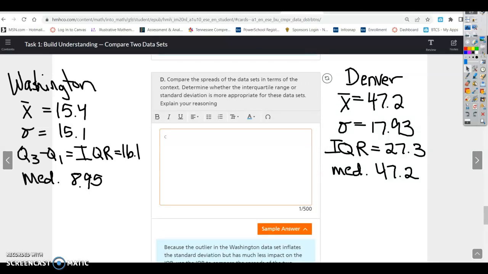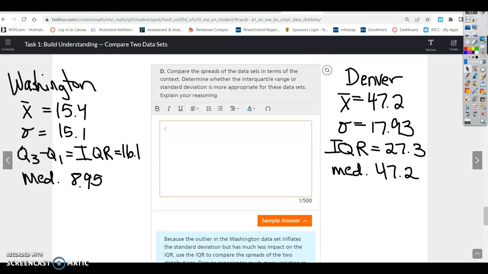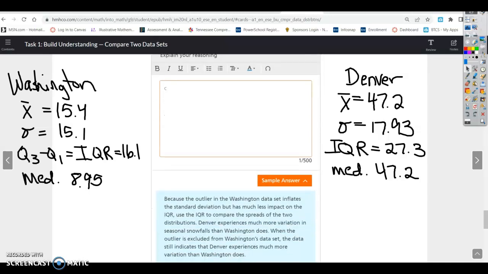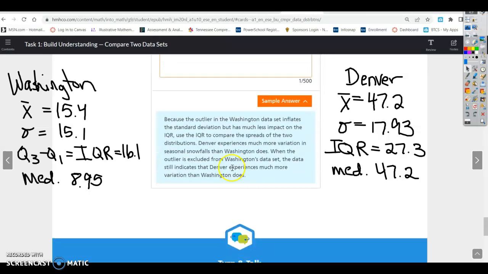All right, so it says compare the spreads of the data sets in terms of the context. Determine whether the interquartile range or the standard deviation is more appropriate for these data sets. All right, explain your reasoning. So the simple answer here, because the outlier in Washington inflates the standard deviation but has much less impact on the interquartile range, use the interquartile range to compare the spreads of the two distributions.